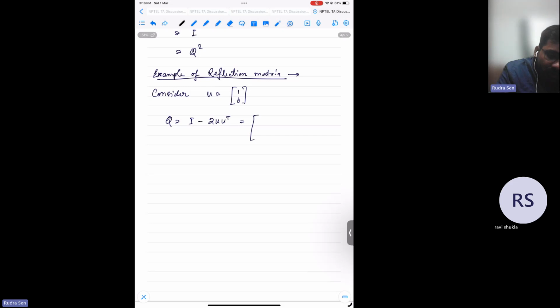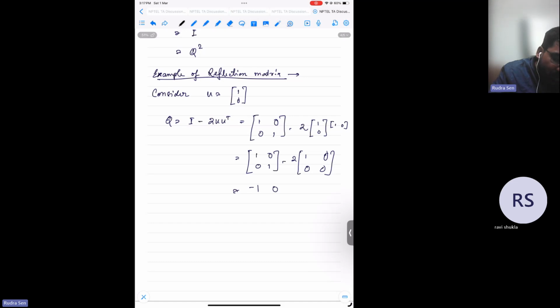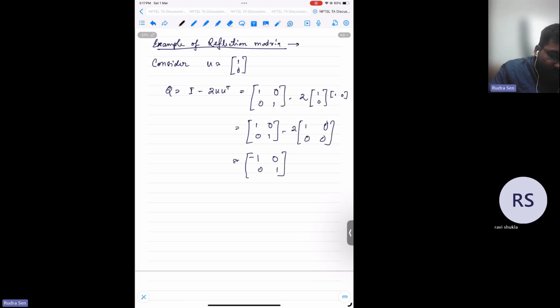Since it's a 2 dimensional matrix, I is the 2 by 2 identity, minus 2 times 1 0 times u transpose, which is 1 0. So we get 1 0, 0 1 minus 2 times 1 0, 0 0, which gives minus 1 0, 0 1.